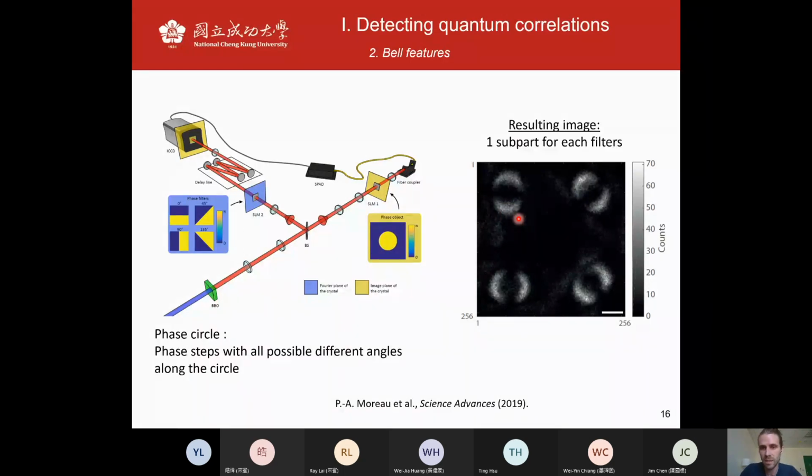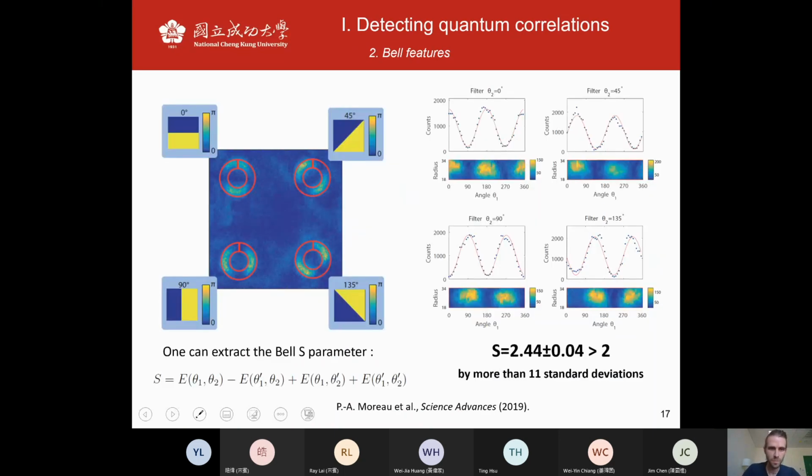I should mention that these images are not intensity images, but directly correlation images that we get from this camera, because the camera is triggered conditionally and will only acquire when the first photon has been detected on this side. So those images are already correlation images.